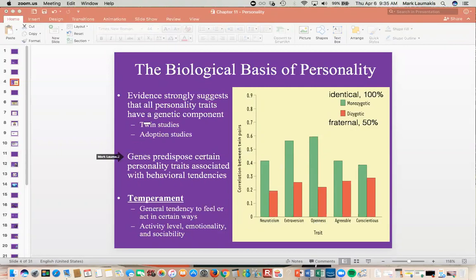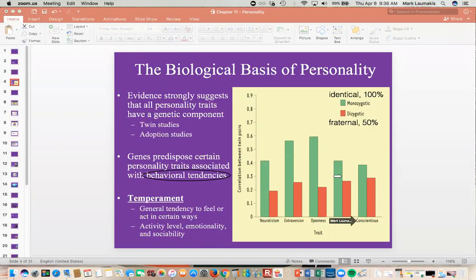So what's the take-home message here? The take-home message on bullet point number 2 is that it may be that genes are predisposing us to manifest certain personality traits that are, again, associated with behavioral tendencies. So this is basically saying that the genes make it more likely that you do certain things, and we use those consistent behaviors over time to infer that you're high or low on neuroticism, or that you're a conscientious person or not, because there are behaviors that are good indicators of conscientiousness.